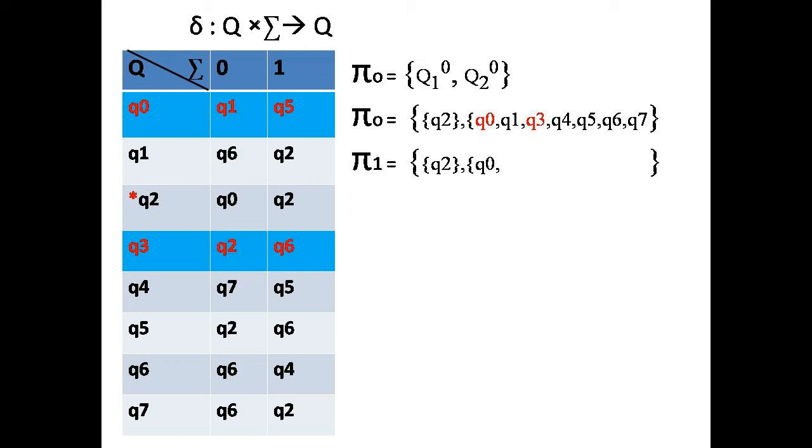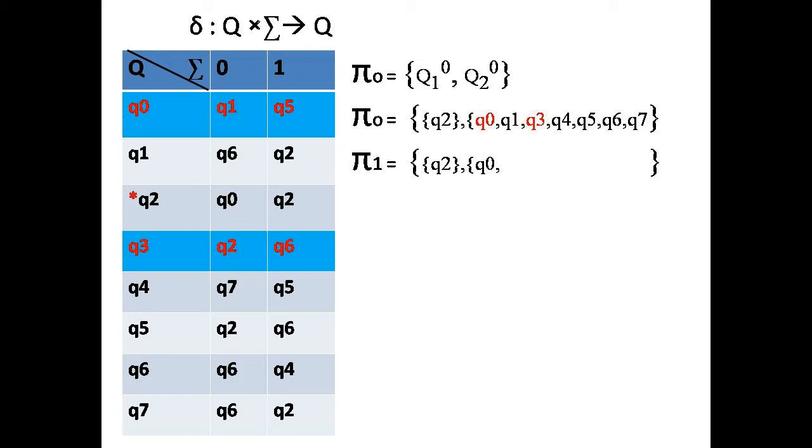The next state, we will compare Q0 with Q3. Q0 and Q3 on 0 input symbol go to Q1 and Q2. But Q1 and Q2 are in different sets in pi 0.